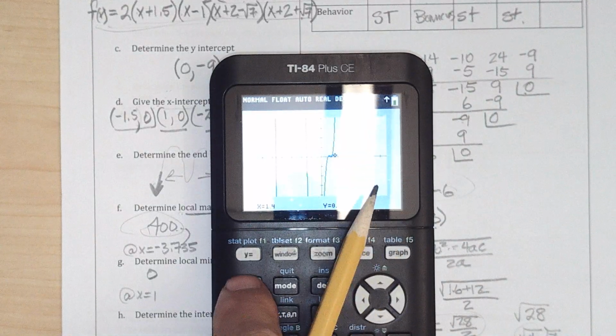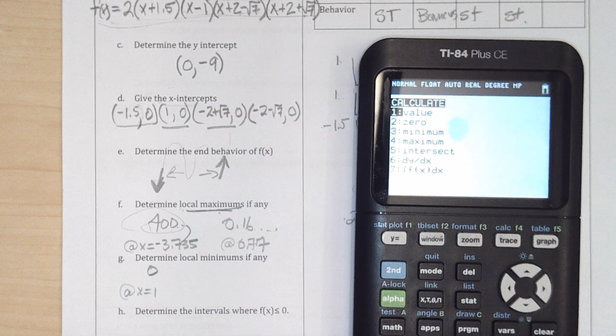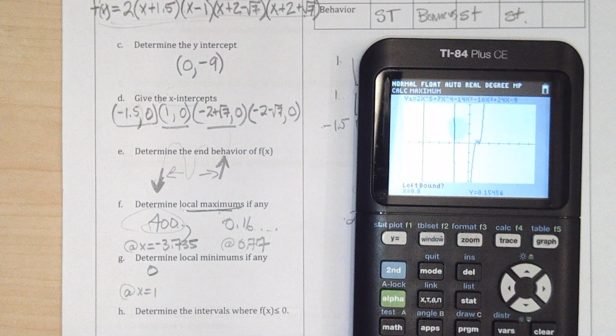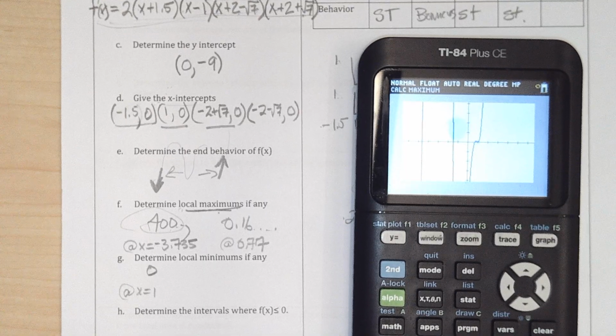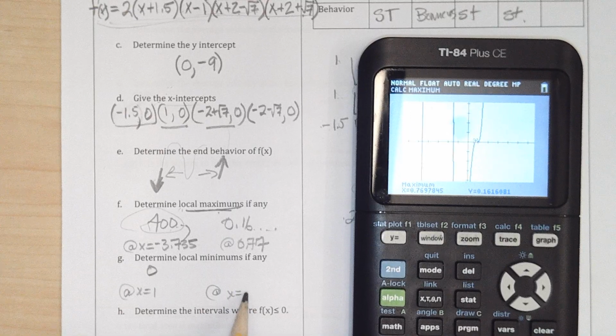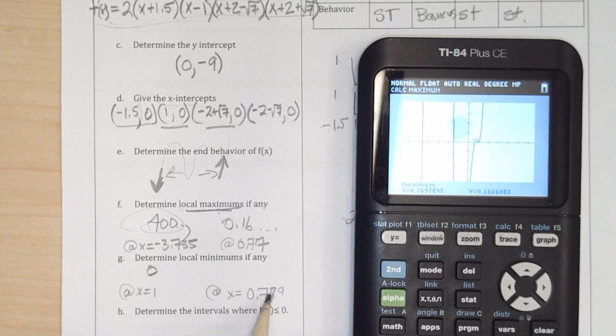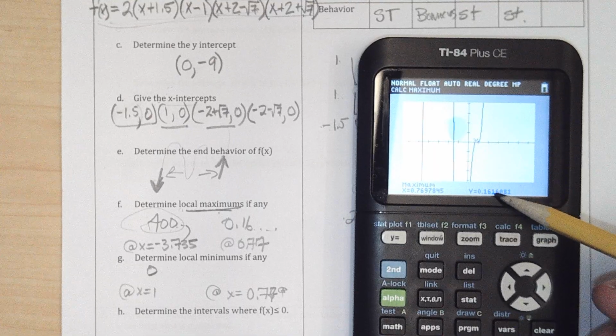So I'm going to go second, calculate a minimum that's between 0 and 1, and I'm going to go 0.5, and it says, nope, 0.76. It's at x equal 0.769, whatever, basically 7.7, but the value is, this is what I need.